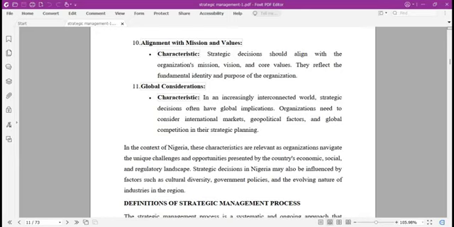The government policies as well must be taken into consideration before decisions are reached, like tax and other things. Such an organization must ensure that these variables are taken into consideration before decisions are reached. Of course, the evolving nature of the industries in the region as well. You do your research. That's why we have the R&D department.